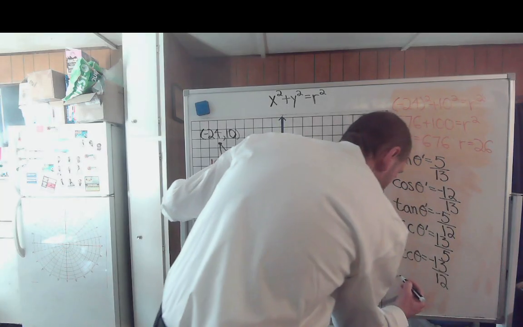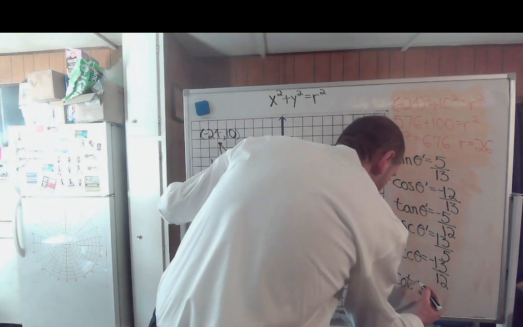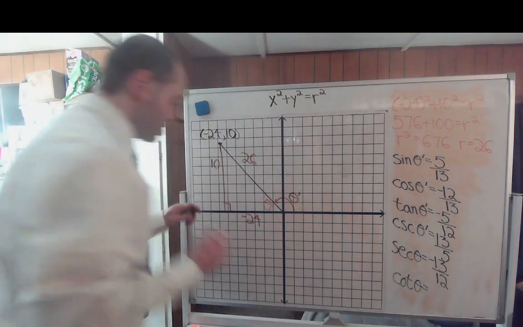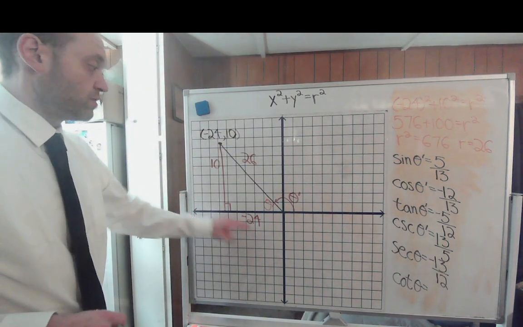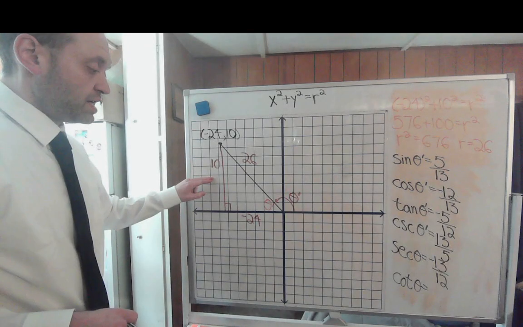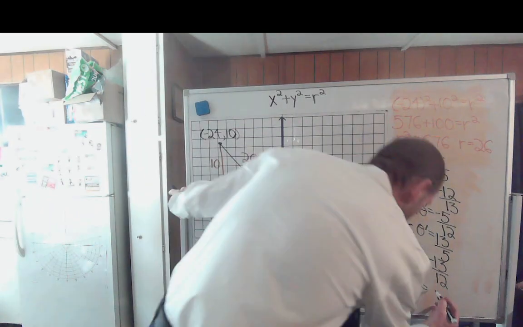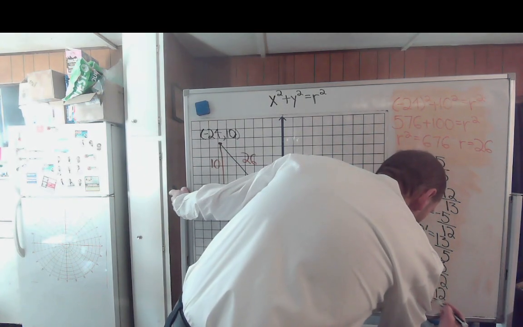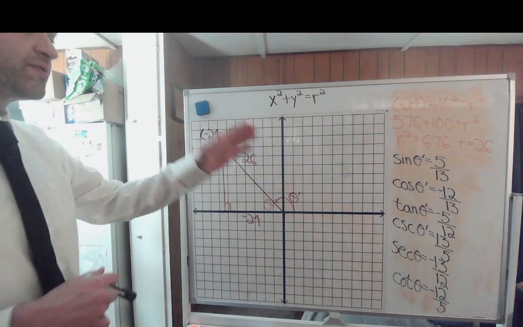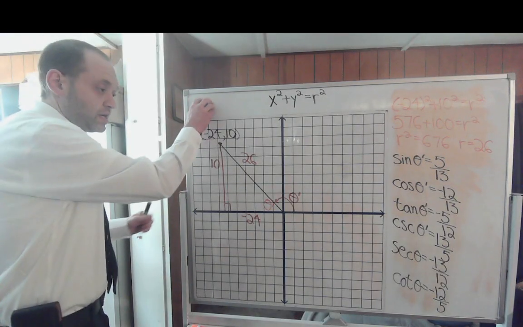And then last but not least, let's find the cotangent of theta. So that, of course, is adjacent over opposite. So negative 24 over 10 would turn into negative 12 over 5. And there are your trig values for this particular angle.